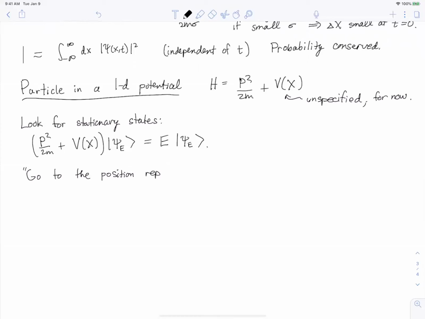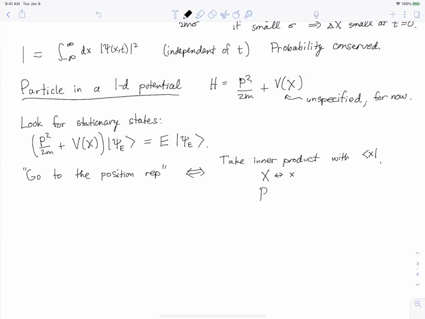And what those words mean is the following. First, you take the inner product with the bra, which is a position eigenstate. Okay, and then if you do that, the operator x is represented by the real number x.